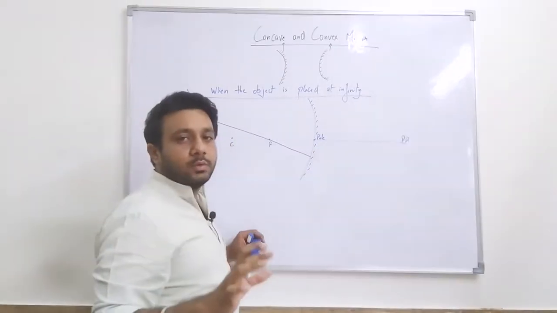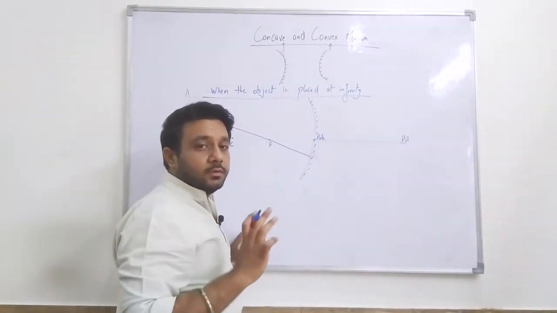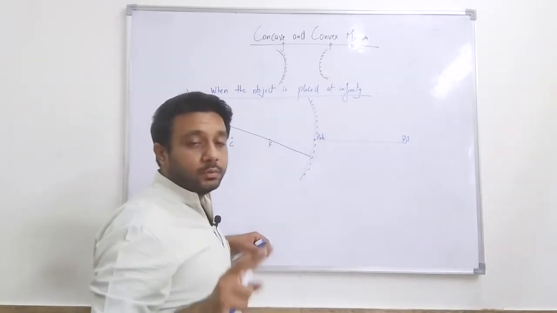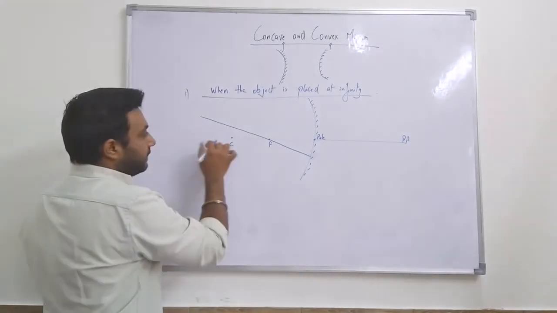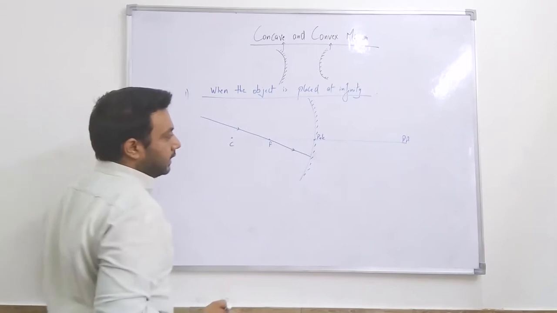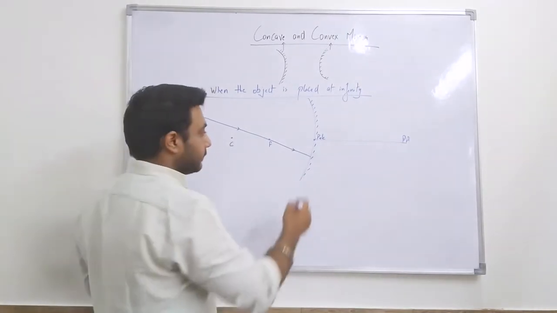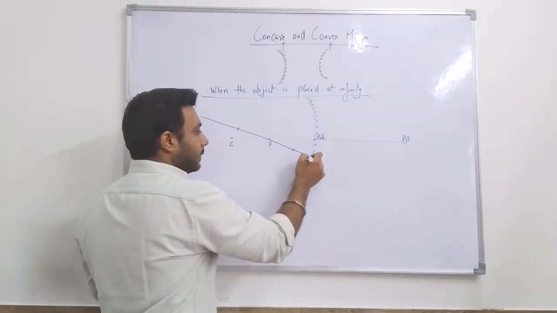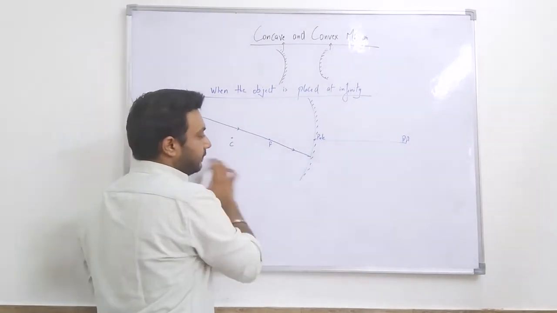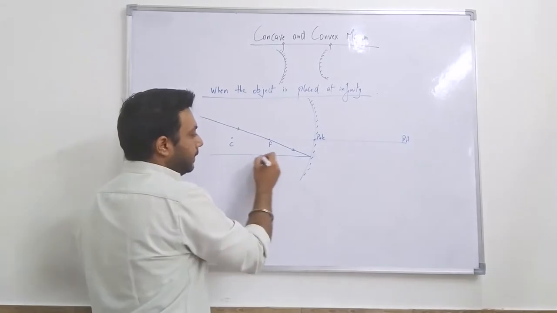You can take any 2 rays according to the rules we have seen earlier. There are 4 rules. You can take any 2 rules. Okay, we have seen that the ray which passes through the focus will become parallel to the principal axis after reflection.